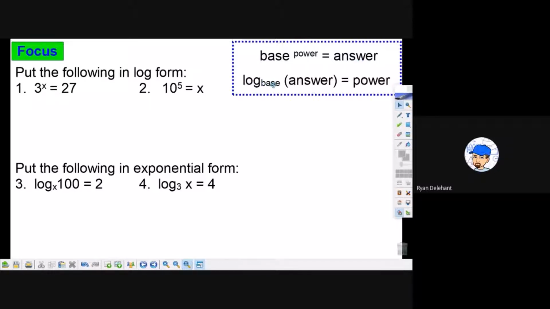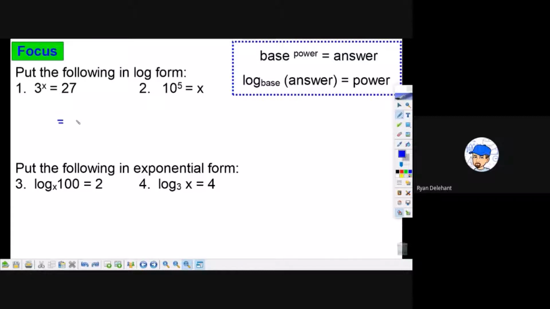Log, and this is not written great, but the base should be subscript slightly below the main line, log of whatever the base was of the answer equals the power. The key thing I remember is when I write log from exponential form, the power is always by itself.